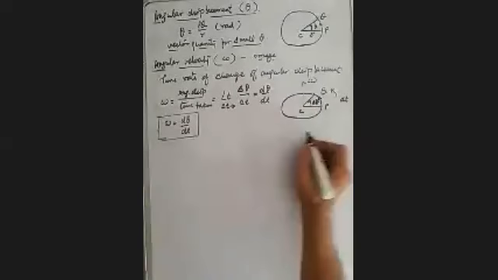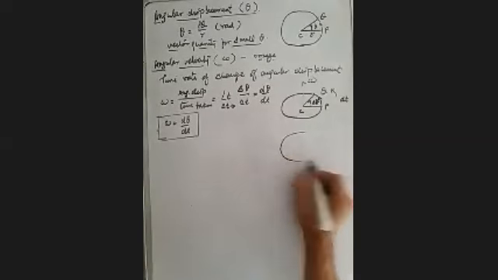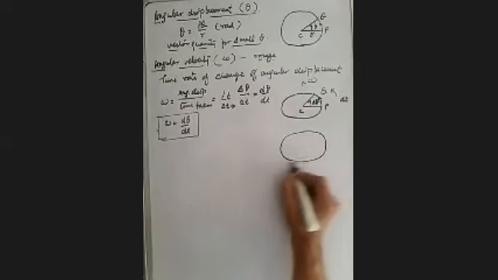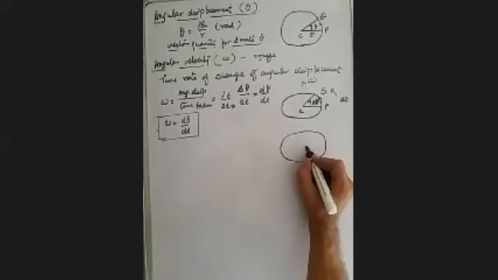And when the particle is moving in the opposite direction, initially the particle is at point P here and reaches the point Q here while it is moving in the clockwise direction. So this is the angle delta theta.